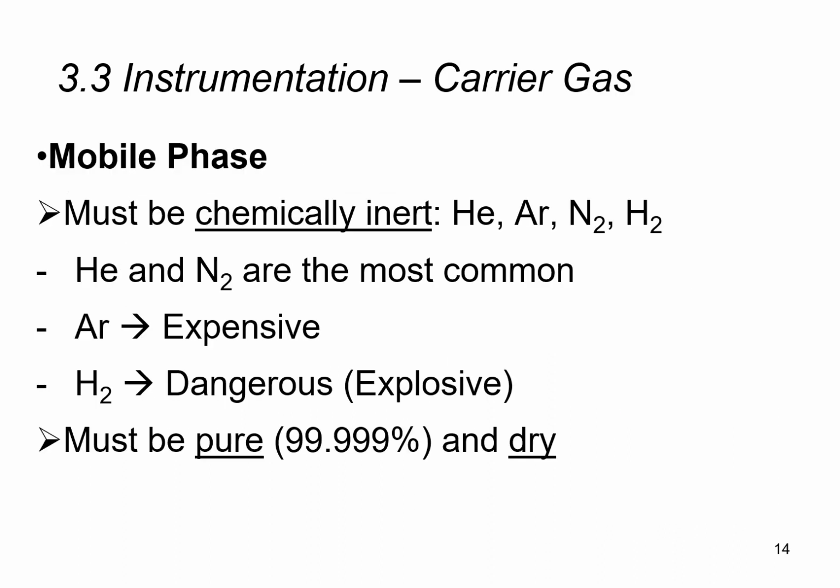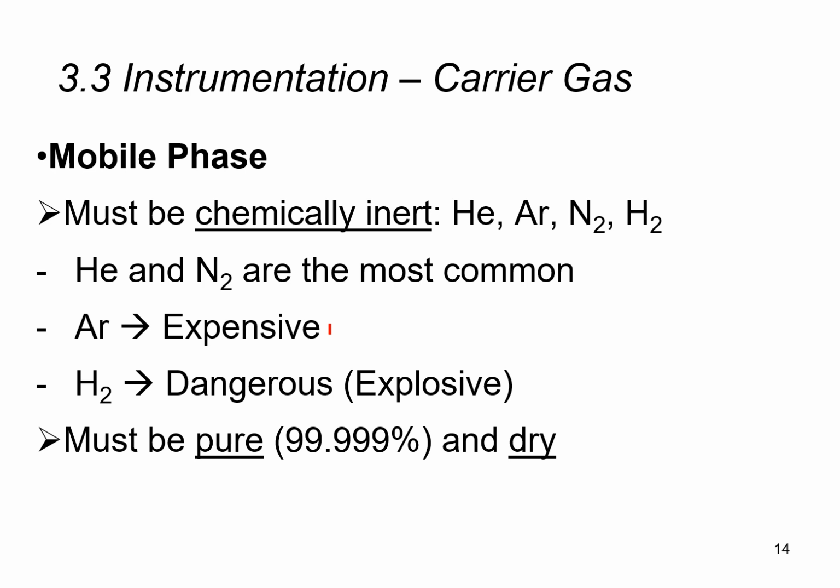Now, we have mentioned several times that the mobile phase is a chemically inert gas, and there are several options. We have helium, argon, nitrogen, and hydrogen. But of these, helium and nitrogen are by far the most commonly used, because argon is good, but it's really expensive, so cost is one issue.